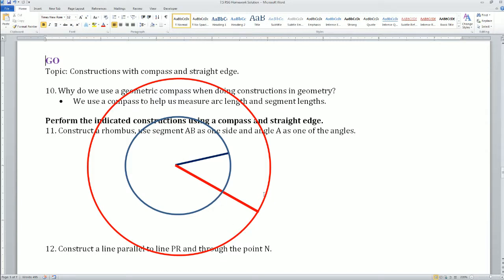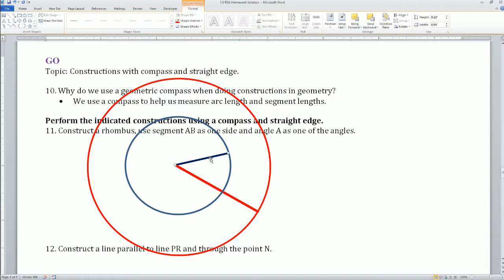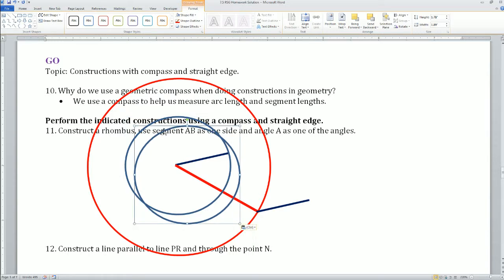So we need one more curve. We basically need this here, which means we need a circle that is doing this.